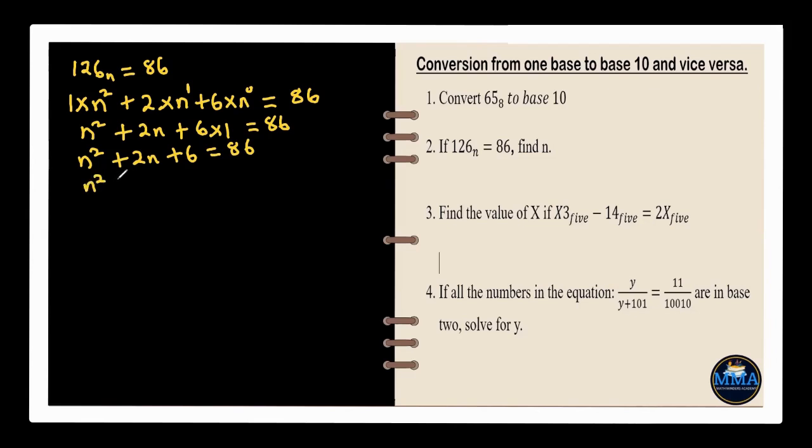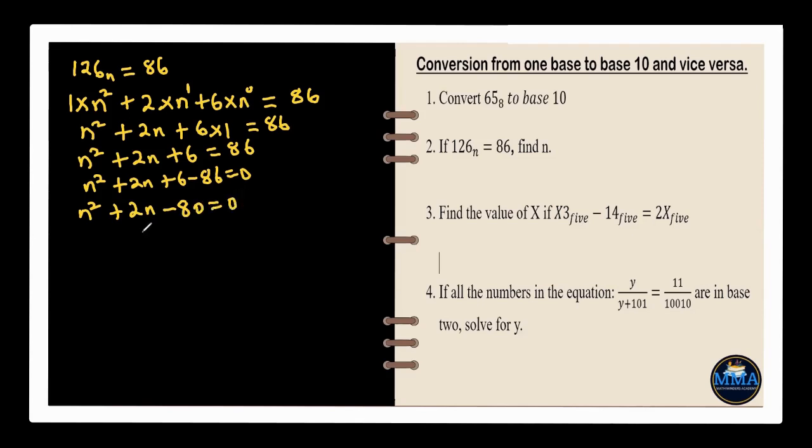We bring the 86 over. We have plus 6 minus 86 equals 0. So we have n squared plus 2n minus 80 equals 0.